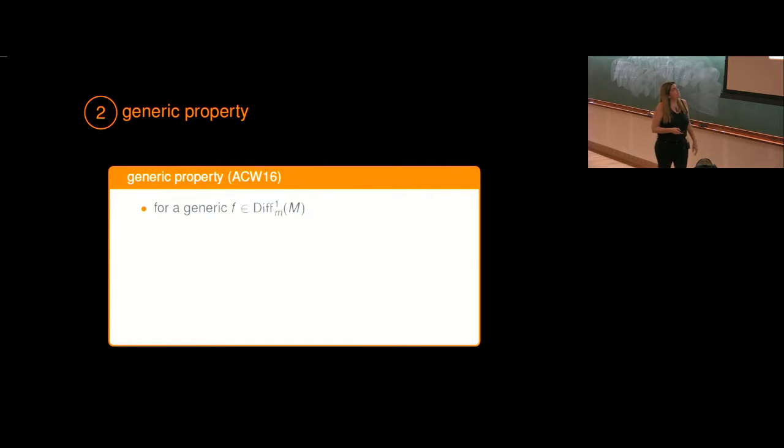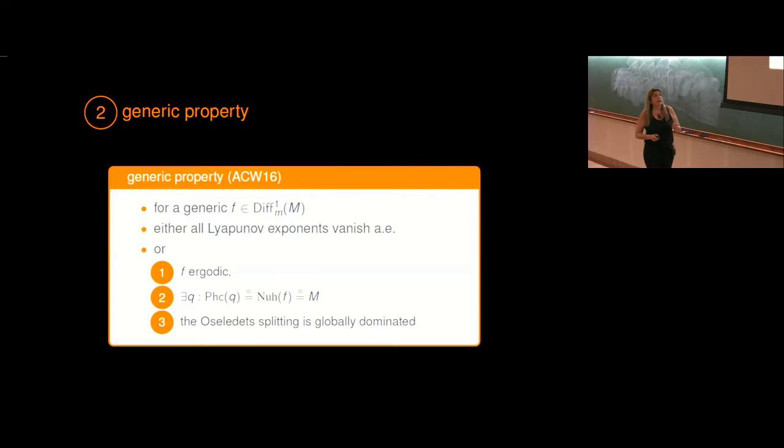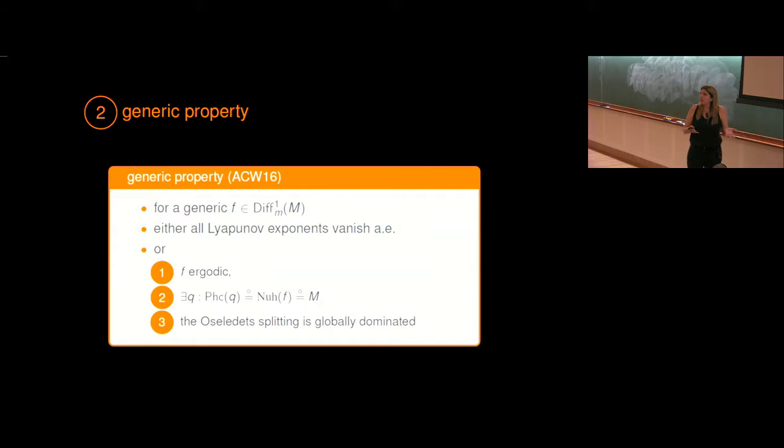And then 12 years later than that, I found that this also was true in dimension 3. Mañé's and Bochi's statement was either all Lyapunov exponents vanish or it is Anosov. In 2012, I found this statement, but for dimension 3.